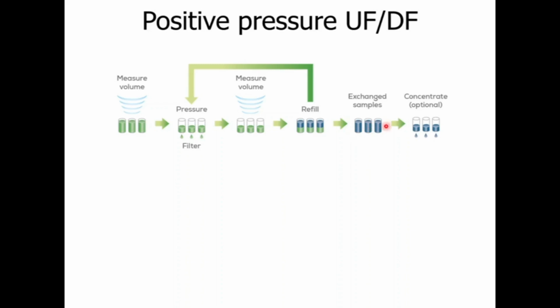You can naturally, at the end of it, also concentrate your sample further. So all in all, this is an adaptive filtration cycle, adaptive because it measures the volumes and adds buffer as required. We have individual volume tracking for each of the samples we're processing, and the positive pressures we're applying are programmable.